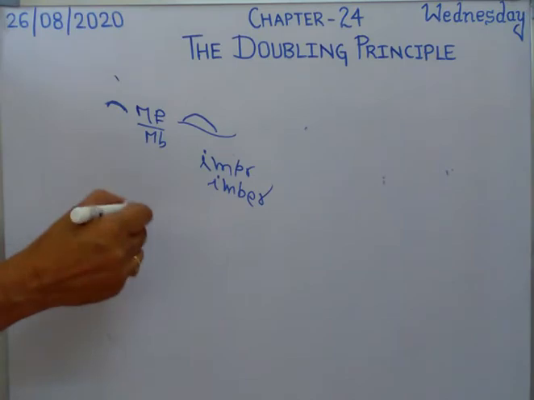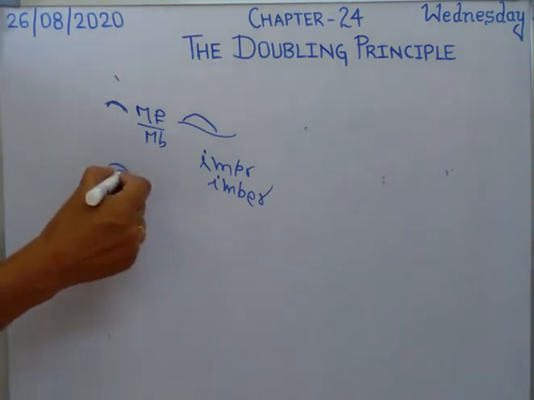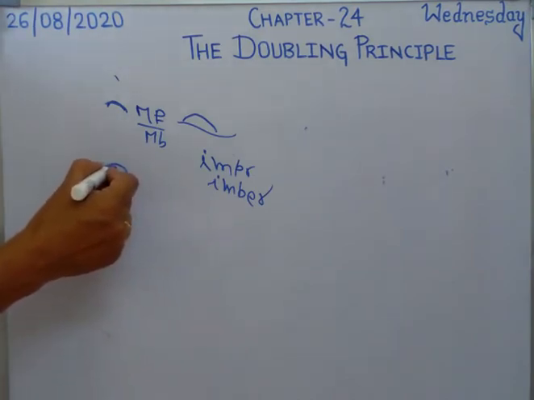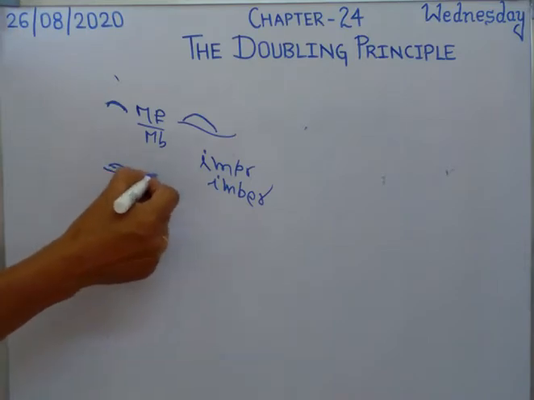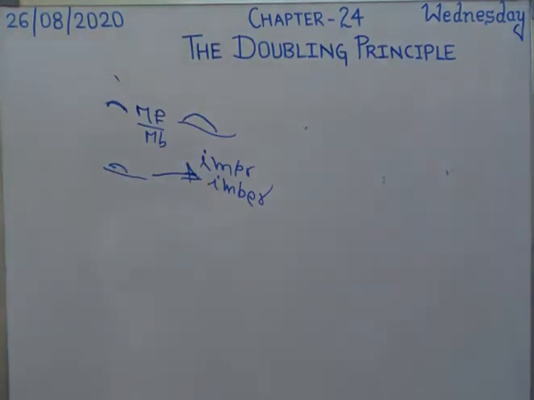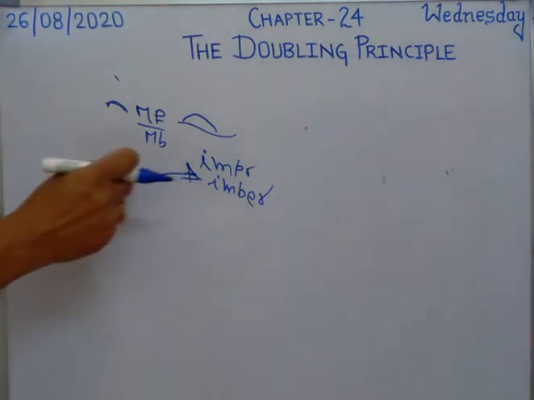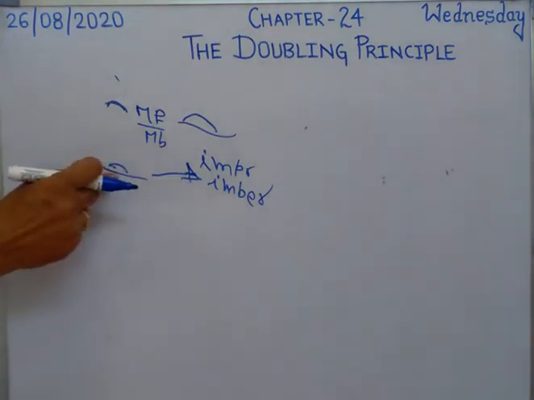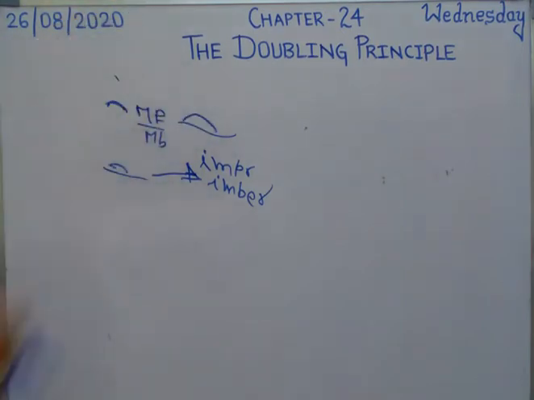In the previous chapter, we have learned that when an arc is given to ing in the beginning, that also represents the same sound, imper and imber. So there are two alternative forms for this sound, imper and imber. Let us see when we have to use this hooked form of imper and imber, and when we have to use this double end form of imper and imber.